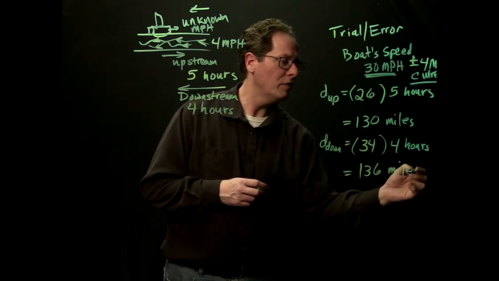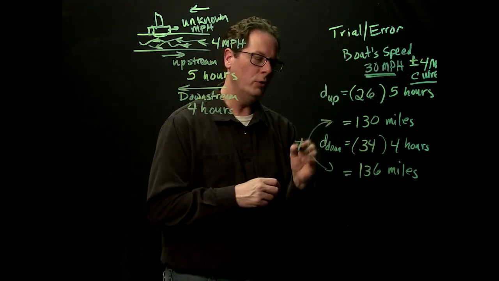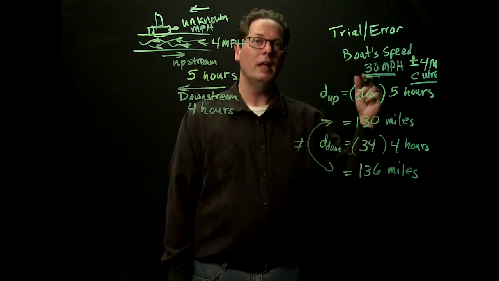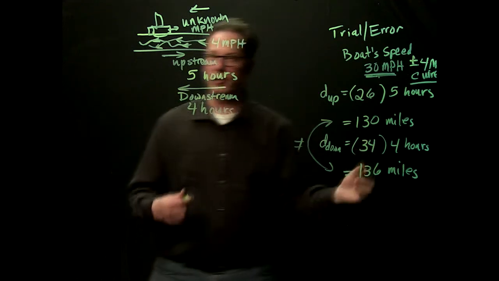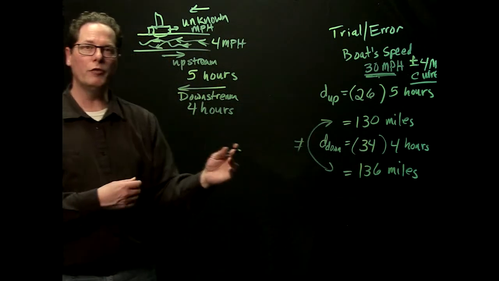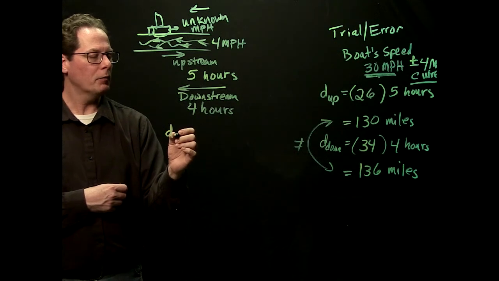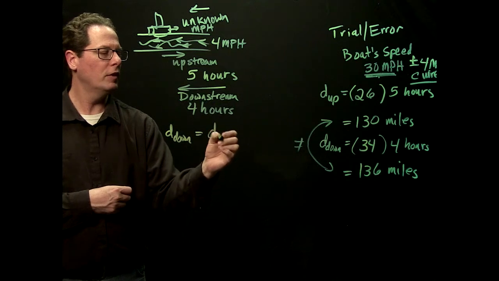And what this, you've got to interpret this. What this means, because they're not equal, this means this is not the speed of the boat, because the downstream must equal the upstream. So this is a little confusing there. I mean, what is going on here? So what we're saying is the downstream trip, the distance down, should be the distance up.